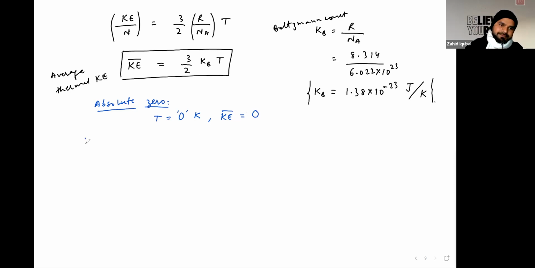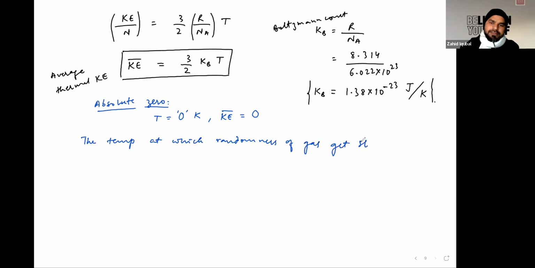So we can say the temperature at which randomness of gas gets stopped is called absolute zero or 0 Kelvin. And you can say it is the temperature at which there will be no existence of matter. Is it clear?